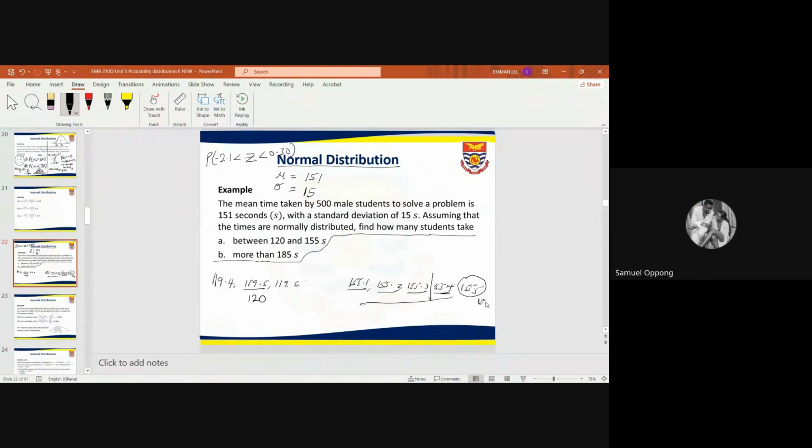Okay. So let's draw the distribution now and see what we will get. Sir, we are doing that because the data is continuous? Yes, it's continuous. Whenever we get continuous data like this, that's how we do it. Like height, for instance.